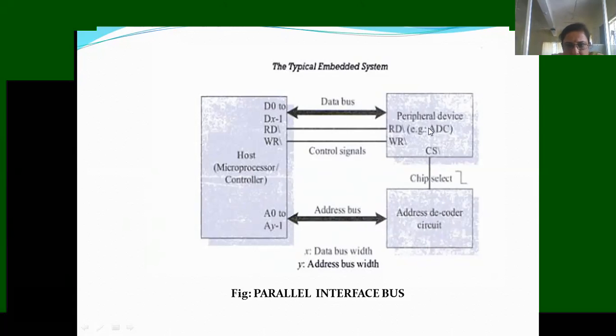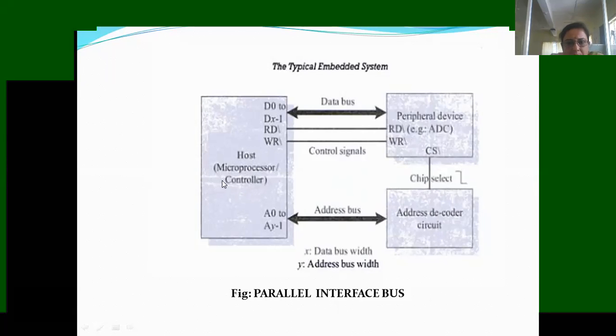Whenever the master wants to communicate with the slave, first it has to send the address of the particular slave it wants to communicate with. It will decode that address, and based on that, the particular CS, which is nothing but chip select, is activated. Based on that address, this particular slave will be identified. Then, either through the RD or the write control signal, the data transfer happens.